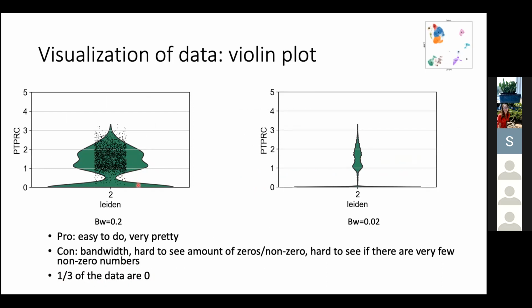That to me isn't necessarily clear from looking at this, right? And you also run into issues where if you have more than like 75% zeros, it's actually hard to tell what the positive numbers are, just because of how they do the KDE. So yeah, I hate violin plots.